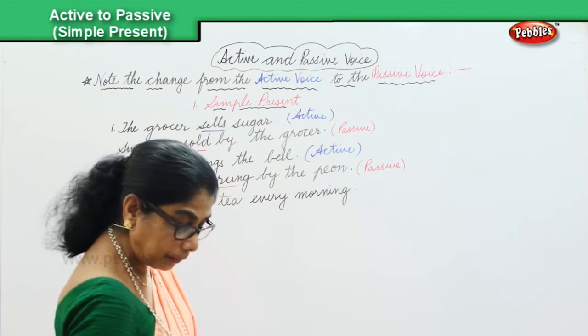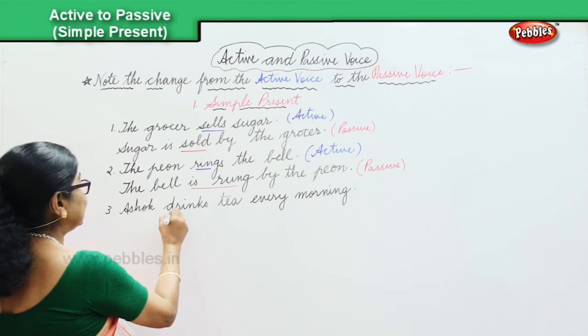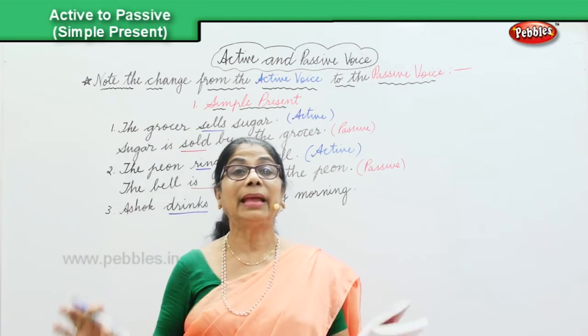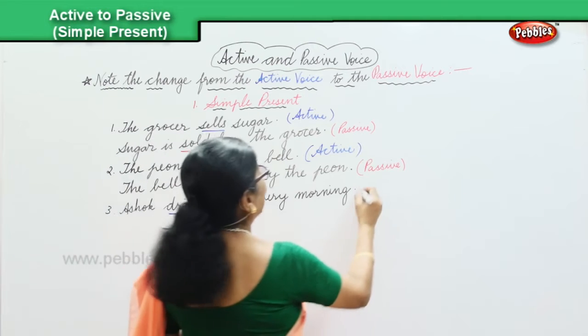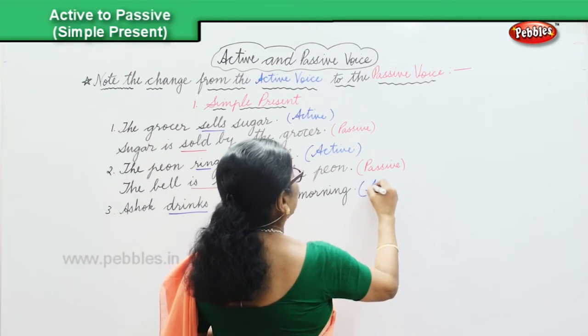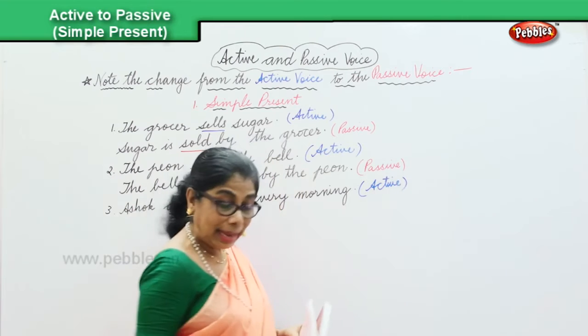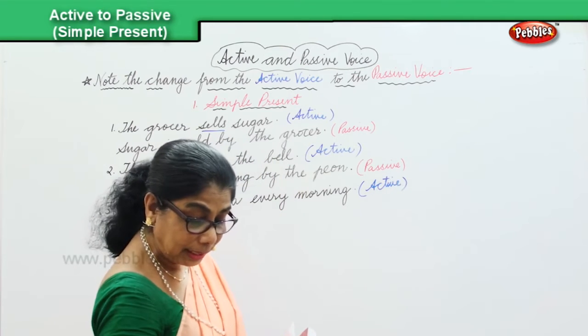Look at the verb drinks. Ashok drinks tea every morning. Active. He's doing some action here. Active voice. Now, let's change the active into the passive voice.